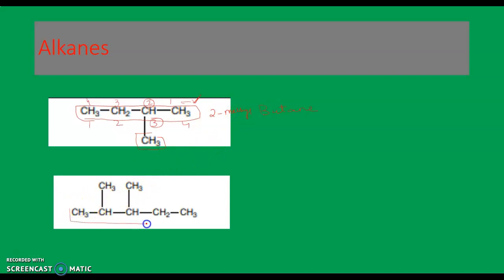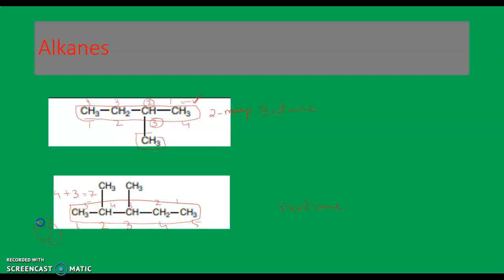Now if you look at this one, we do the same thing. We identify the longest chain: 1, 2, 3, 4, 5. We've got pent, all single bonds, so it's a pentane. Now we need to apply the sum rule. This side numbering gives me positions 4 and 3 for the substituents, sum 7. When I number from this side, I have positions 2 plus 3, which is 5.